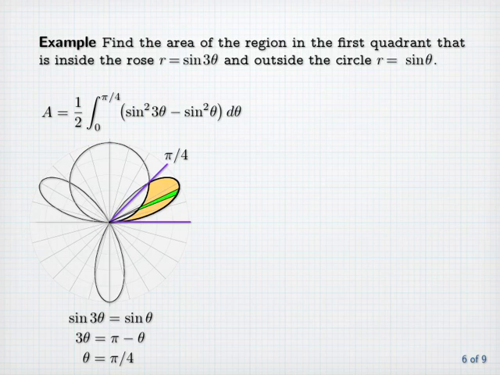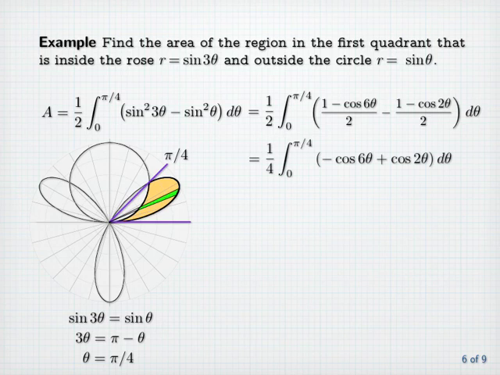To compute the integral, we'll first rewrite sine squared theta as 1/2 of 1 minus cosine 2 theta, and sine squared 3 theta as 1/2 of 1 minus cosine 6 theta. Now simplification gives us 1/4 the integral from 0 to pi over 4 of minus cosine 6 theta plus cosine 2 theta d theta.